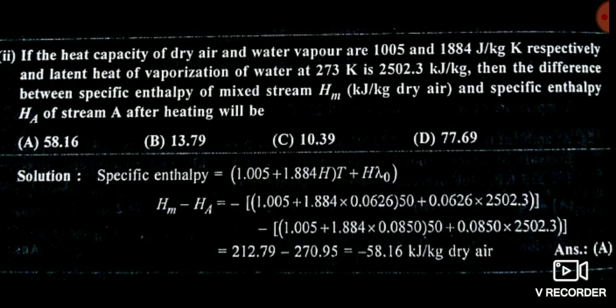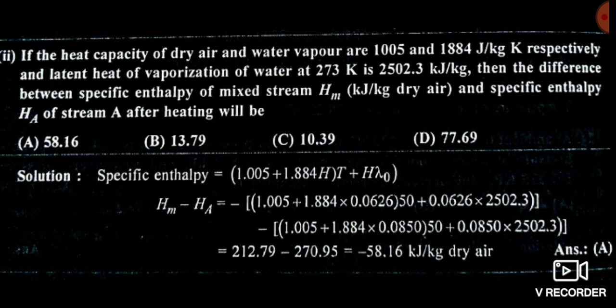Friends, we have to remember that here we are calculating in terms of kilojoule. So we should calculate in terms of kilojoule. You put all these values. Lambda naught value is 2502.3, and the H value, the absolute humidity, we have to calculate.